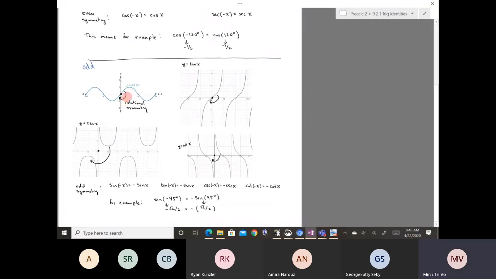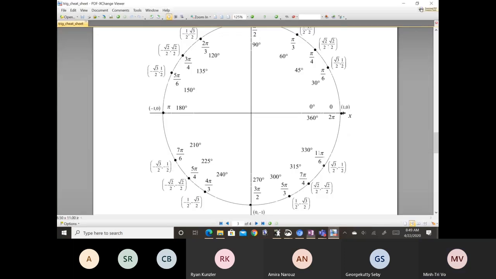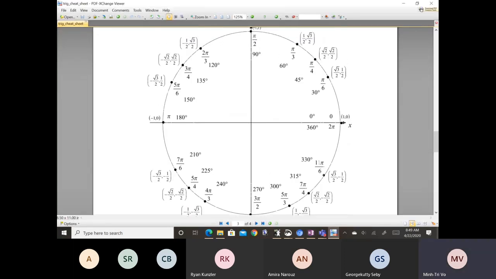And odd symmetry: it says that if you calculate the sine of negative 45 degrees, it's the same as taking the positive angle, but then taking the negative of that value. At least in terms of the unit circle, sine is the y-coordinate, so you're comparing the top half to the bottom half.